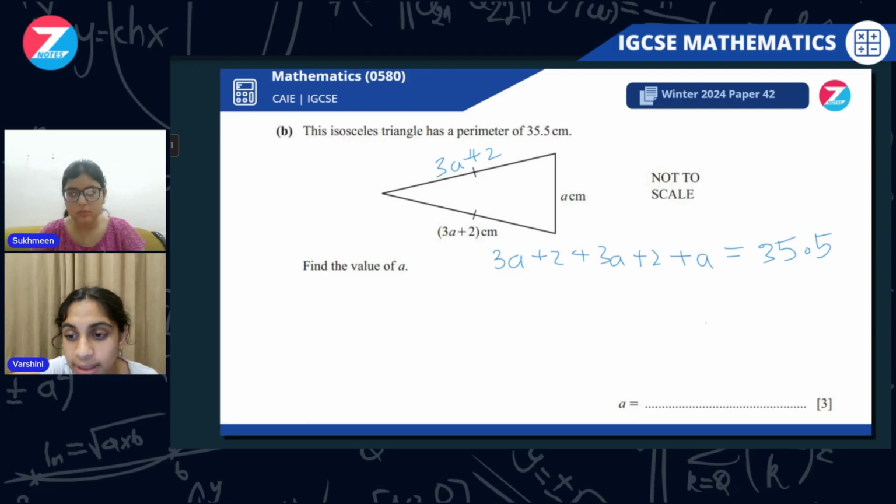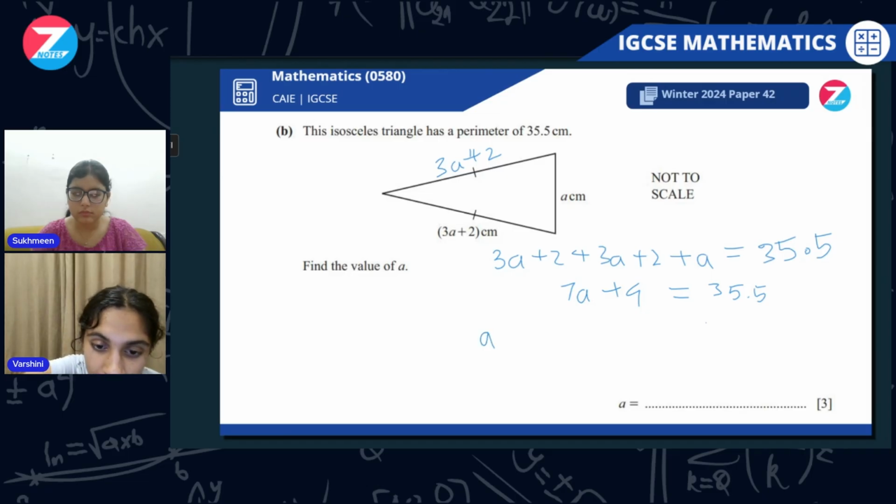Okay, so now all we have to do is solve for a. So let's add all the a's together, which is 3a plus 3a plus a, which is going to be 7a, plus 2 plus 2, which is 4, equals 35.5. So now all we have to do is make a the subject of the formula. So 7a equals 35.5 minus 4.